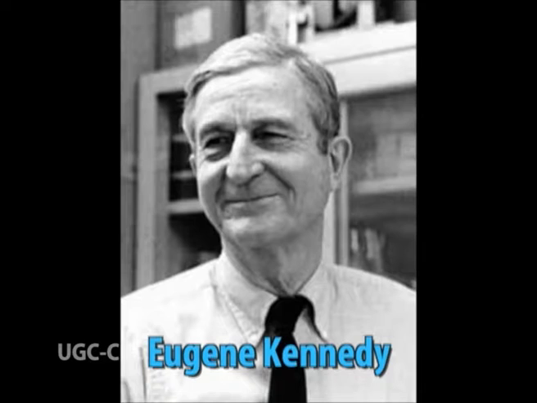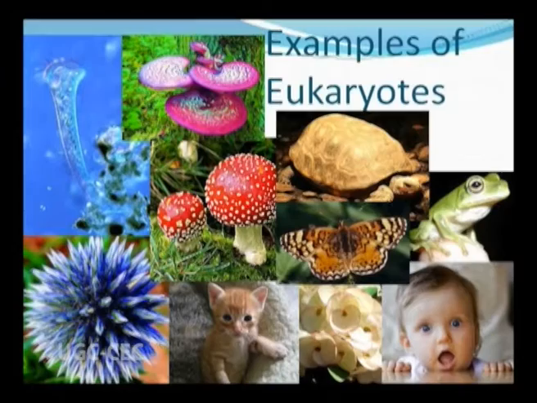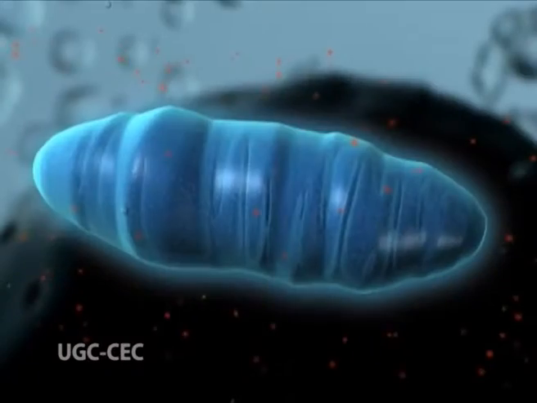The discovery in 1948 by Eugene Kennedy and Albert Lehninger that mitochondria are the site of oxidative phosphorylation in eukaryotes marked the beginning of the modern phase of studies in biological energy transductions.